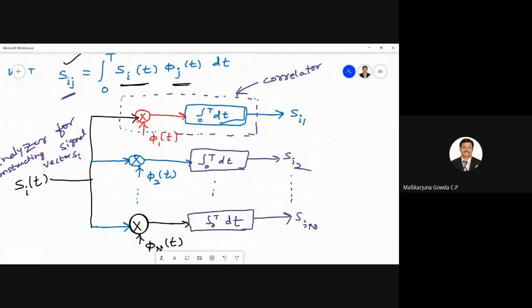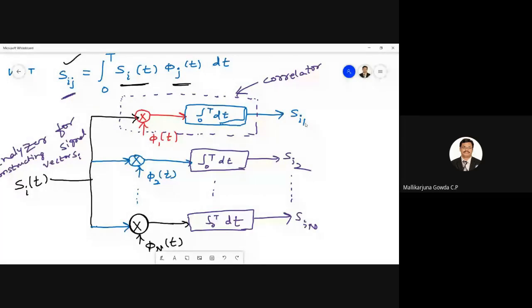Then I integrate over the symbol interval, 0 to T. This multiplier followed by an integrator is known as a correlator. The output of that will be my Si1. Similarly, Si2 and so on up to SiN I get.